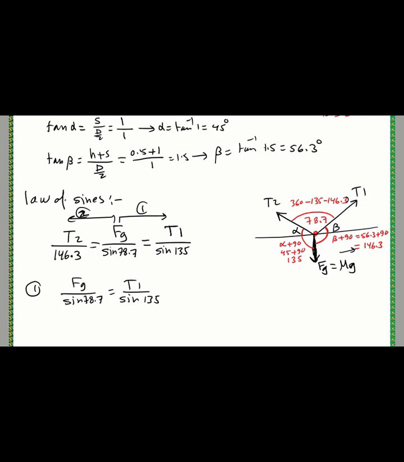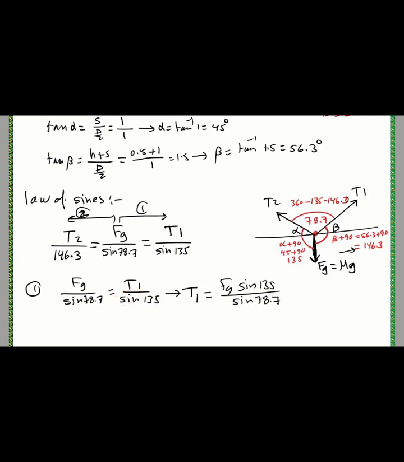Multiply by sine 135, and you are left with T1 equals Fg sine 135 over sine 78.7. That's it. We multiply by sine 135 here, and we are left with T1.